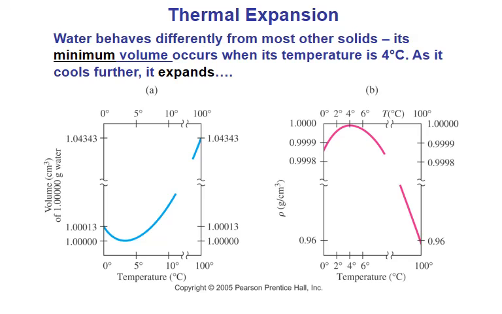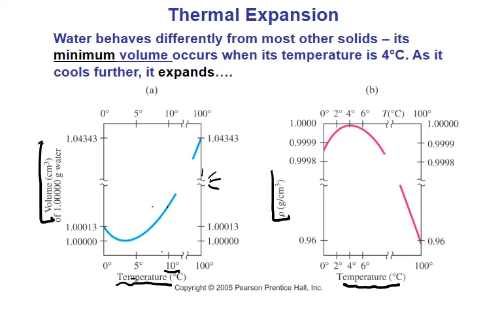So here's a picture of the density. Well, this one is volume over temperature, and then this one's density over temperature. As you look here, you have the squiggly line to represent a break in the graph, but at 10 degrees, the volume is still pretty big.